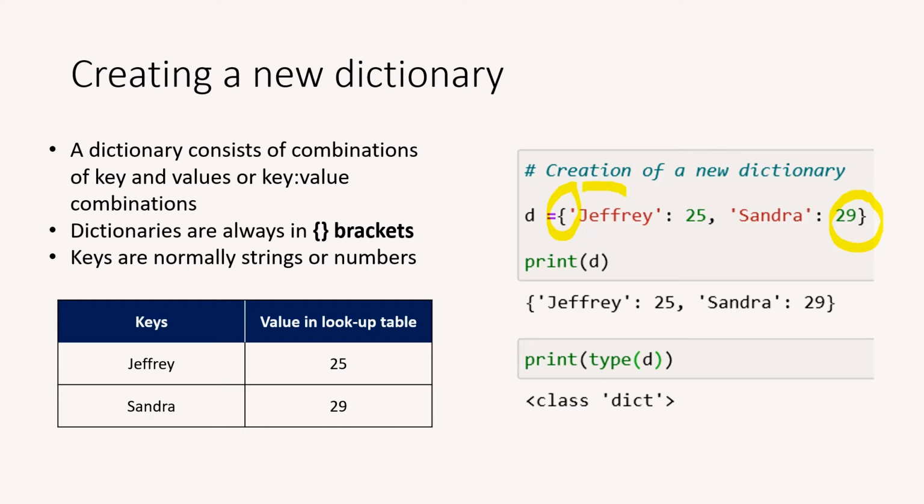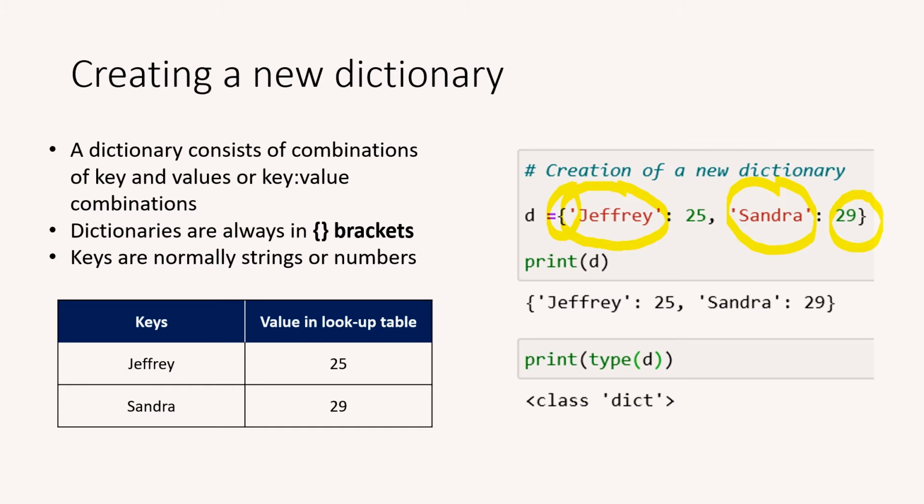In our case here, we have the key Jeffrey and the key Sandra. If we look up Jeffrey, the output will be 25, and if we look up Sandra, the output will be 29. A dictionary could be very useful to store a huge list of your friends, and you always have their name and their birth date attached, or their age or their weight, or whatever you would like to know about your friends.